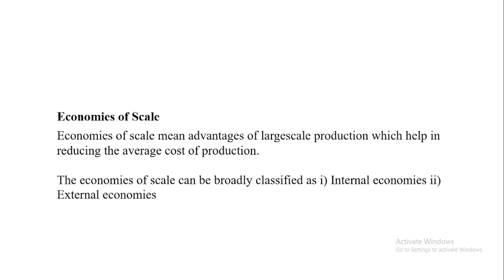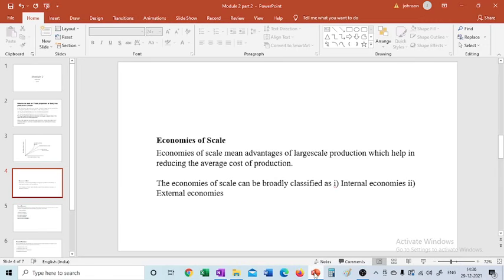So what are these factors which help us to reduce the average cost of production? That we are analyzing. Economies of scale can be classified as internal economies and external economies. So what are internal economies and external economies?